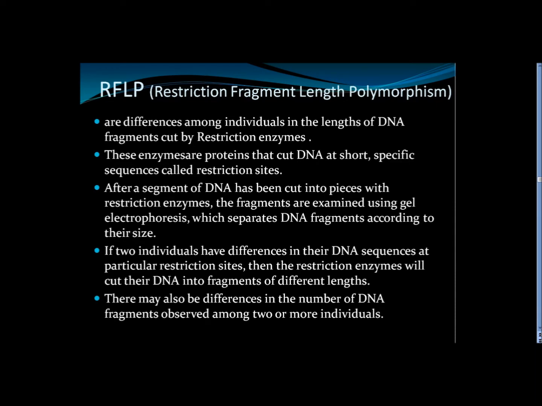After a segment of DNA has been cut into pieces, the fragments are examined using gel electrophoresis, which separates the DNA fragments according to size. If two individuals differ in their DNA sequences at a particular restriction site, then the DNA fragments cut by the restriction enzymes will be of different lengths and sizes.